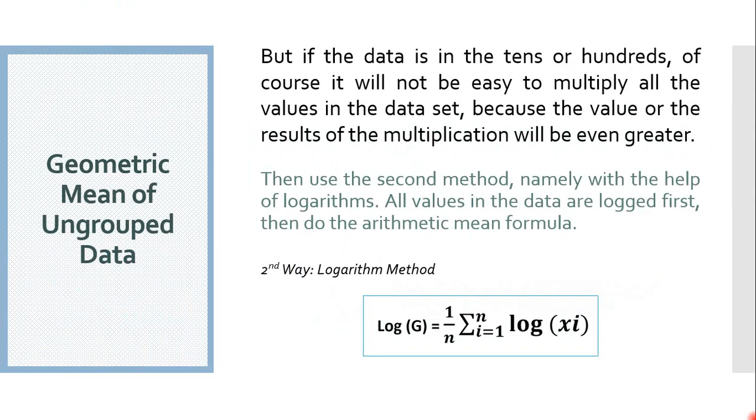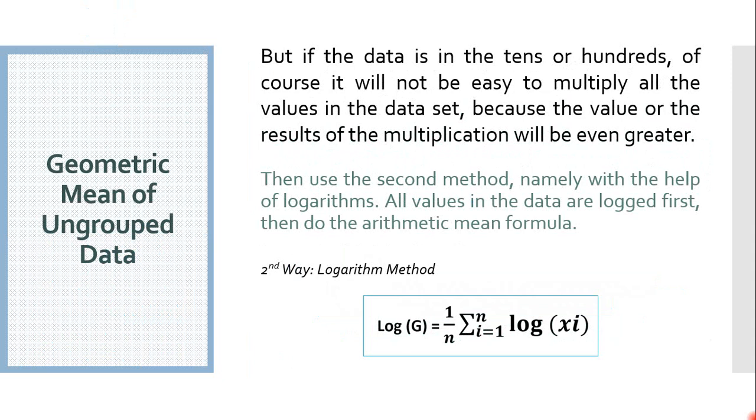But if the data is in the tens or hundreds, of course it will not be easy to multiply all the values in the dataset, because the result of the multiplication will be even greater, and much greater if the data is more than a simple data set.